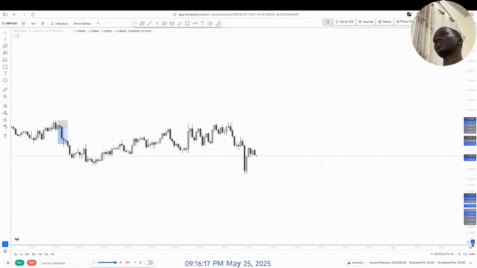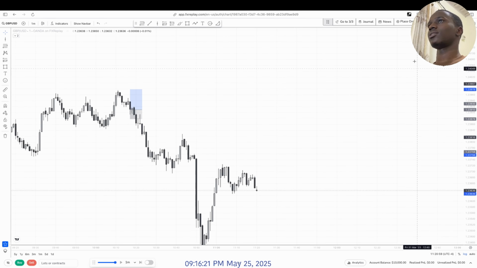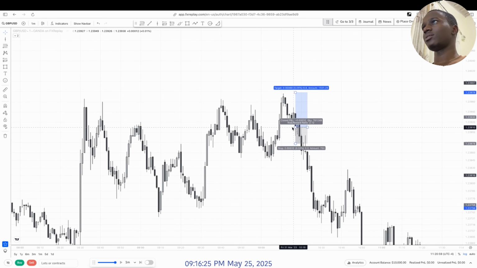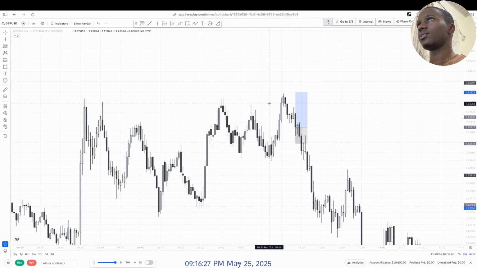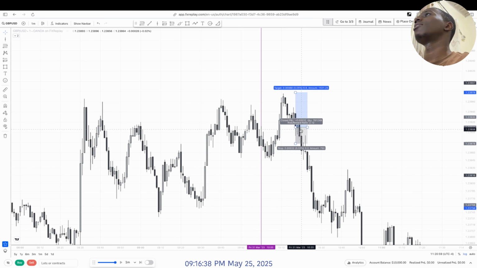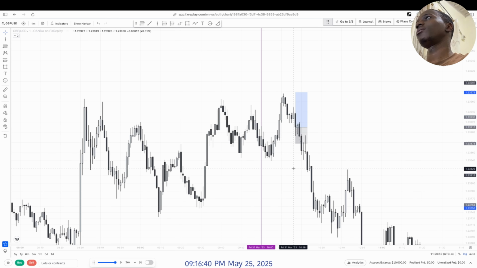So today's silver bullet was trash, absolute trash, because the 1 minute includes multiple fake outs. You can see the 10 starts here. The first fair value gap was this one, and you can see we were starting to respect it a bit. And then, yeah, we got stopped out.